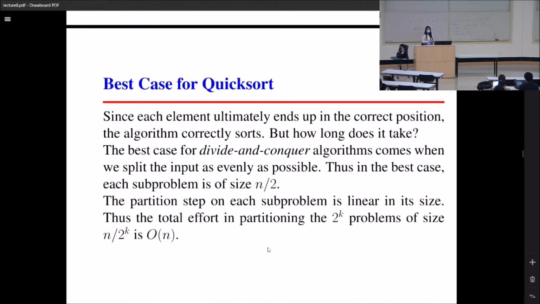So let's think about what the best case for the quicksort will be. When we divide in quicksort, there is a difference between quicksort and mergesort. In mergesort, we simply divide them into two equal sides, so the height of the tree will be log n.